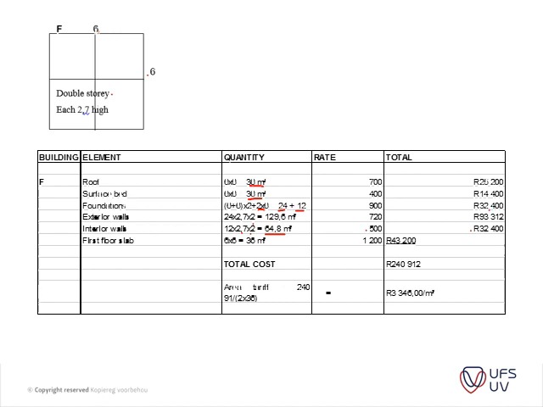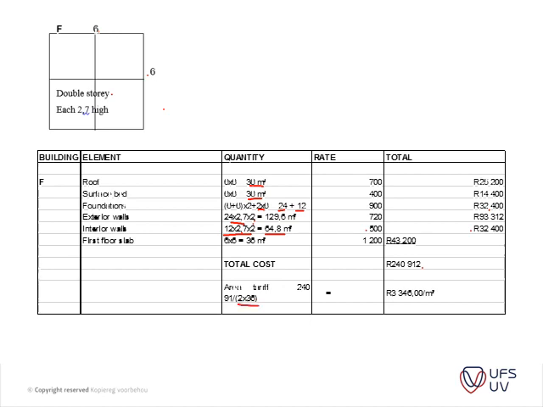Now we've got the exterior walls, which is our previous calculation, just times 2, because now we've got a second story added to the example, and then we've got our interior walls added to that, also times 2 to get our total height. Very simply, we add those together, we get our total cost, and it is divided by our total square meters.